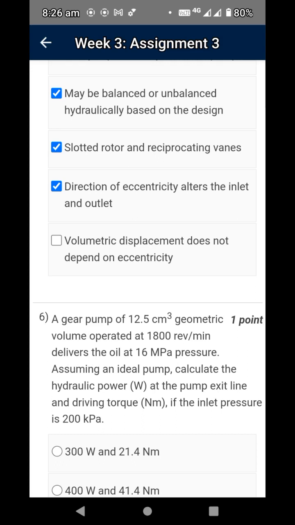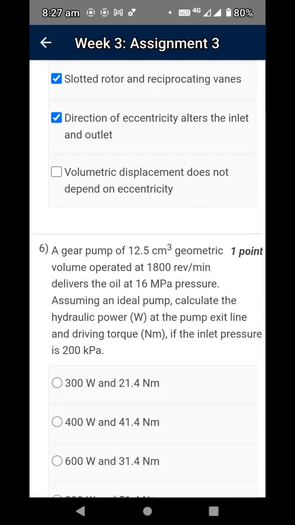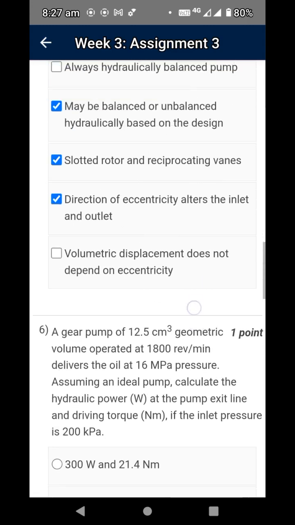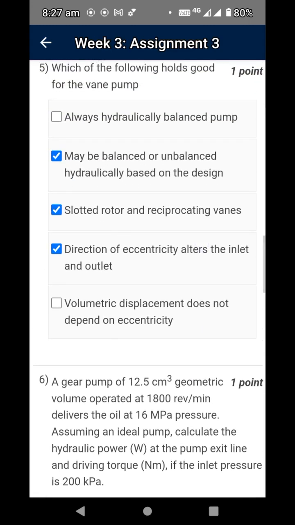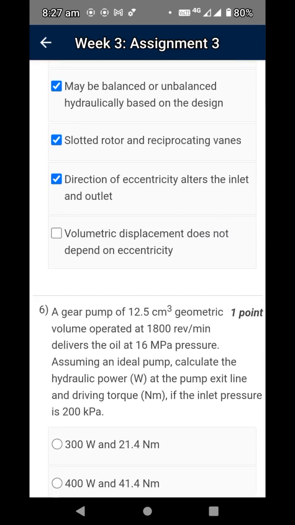So direction of eccentricity: there is eccentricity available in the case of vane pump. So due to the eccentricity, it alters the inlet and outlet. In the case of vane pump, volumetric displacement does not depend on eccentricity. It does depend on the eccentricity, whatever the volumetric displacement.